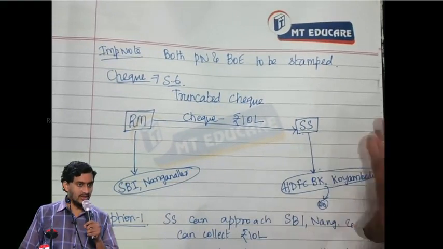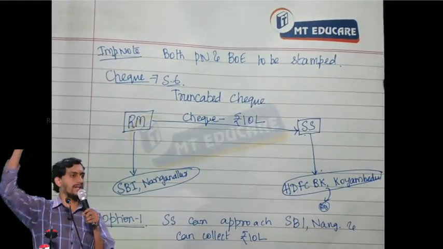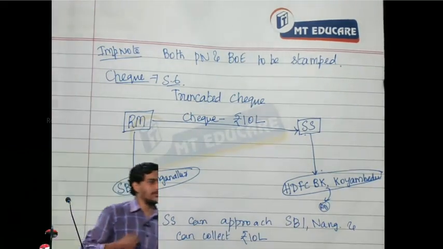First credit it to his account, in his passbook, and then make the payment.